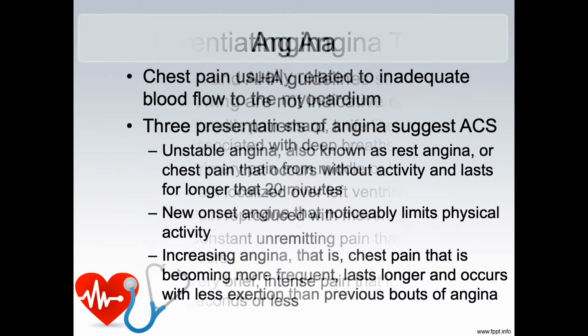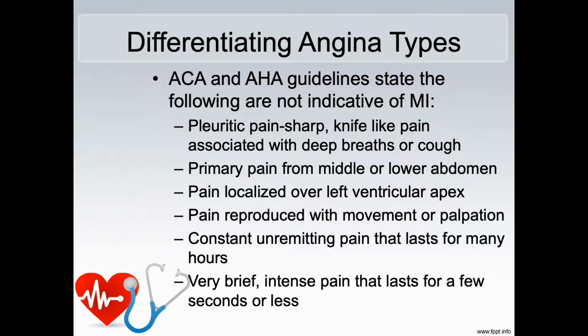Be aware that not all chest pain is angina, and not all angina is related to coronary artery disease. In fact, there are findings that are not indicative of MI. These include pleuritic pain, a sharp knife-like pain associated with deep breaths or cough. Primary pain distinguished as coming from the middle or lower abdomen.